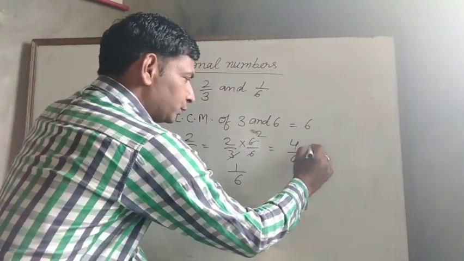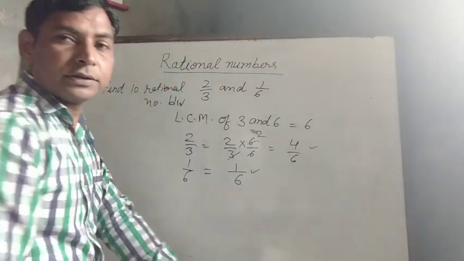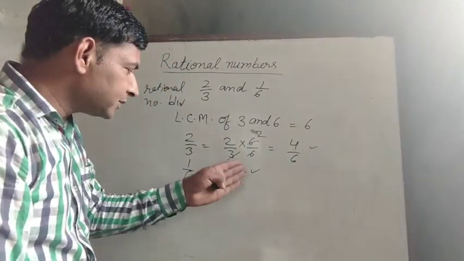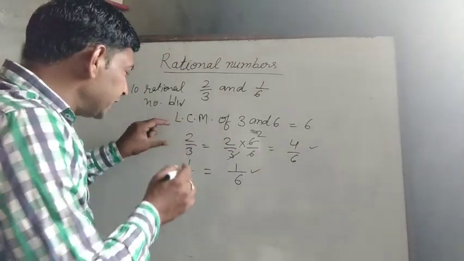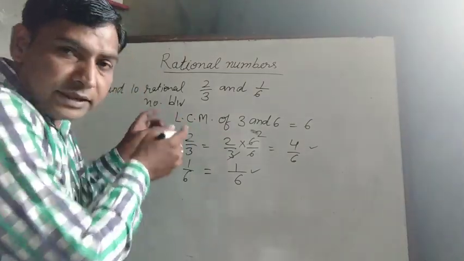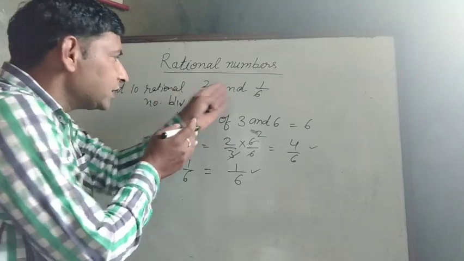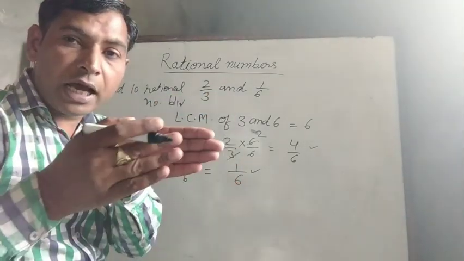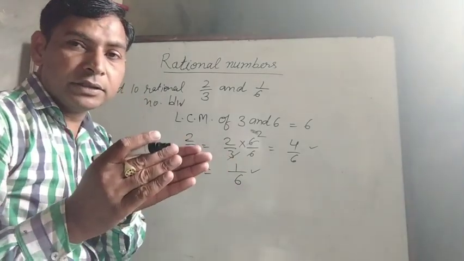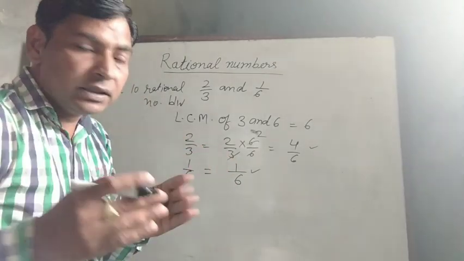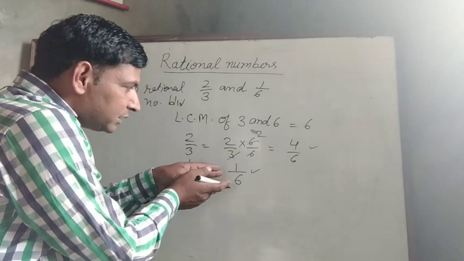Now these are like rational numbers. We converted these two rational numbers into like rational numbers. By like rational numbers we mean equal denominators.